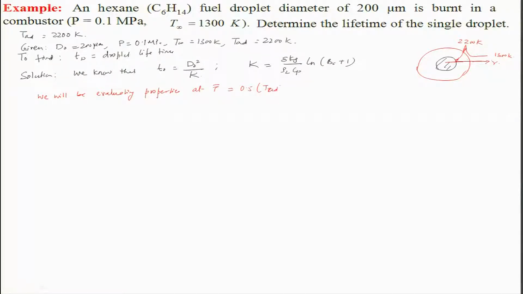I can write adiabatic temperature, but rather I should put flame temperature, because in some cases, if the flame temperature is given, you can take that. In this example we are using the adiabatic temperature, plus Tb, the boiling temperature, which is 342 Kelvin.